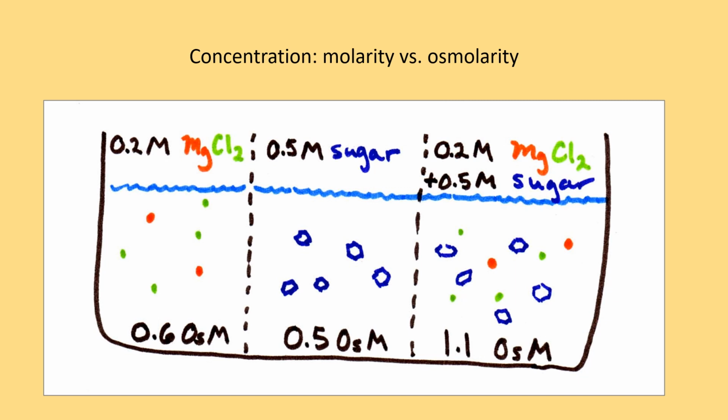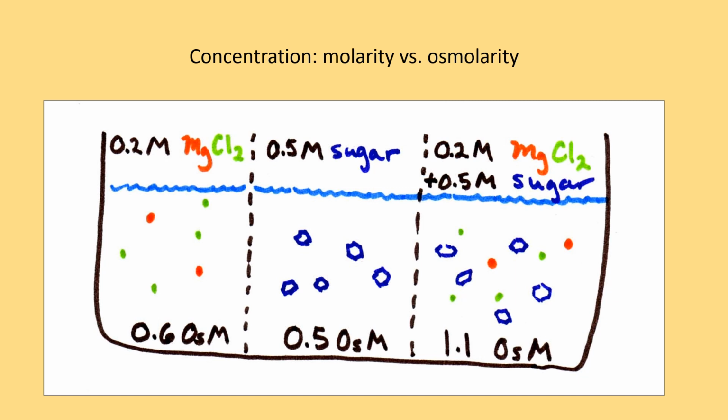Magnesium chloride is an ionic compound. So when it goes into solution, each molecule of magnesium chloride will separate into 3 different ions: 1 magnesium ion and 2 chloride ions. So for every 1 molecule of magnesium chloride, we get 3 particles in solution.